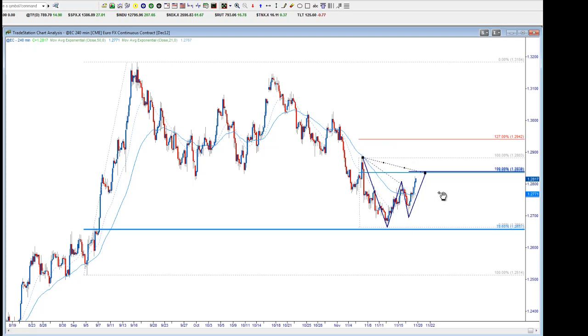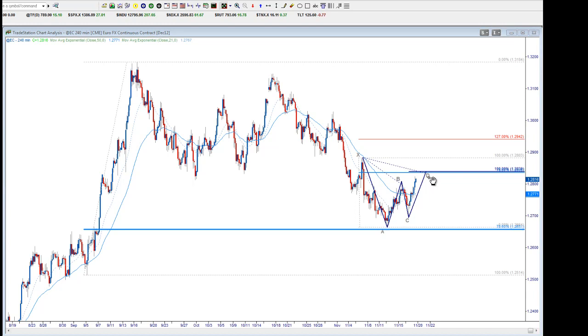Alright, that would represent our 786. And let's go ahead and label these just for the sake of the video here. There's our X, our A, our B, our C, and this is a potential D point right here.